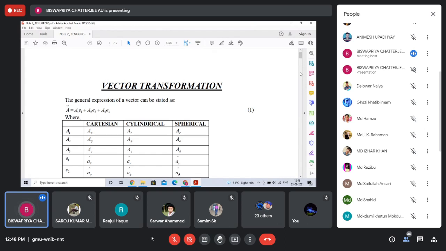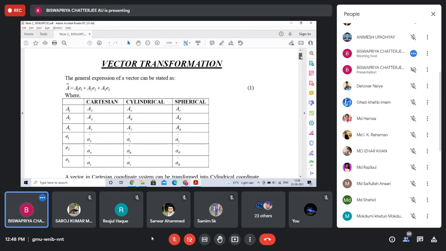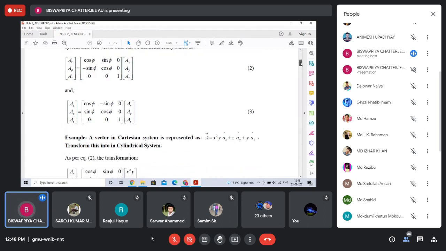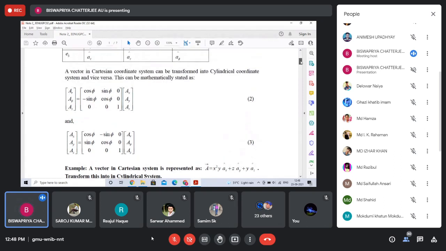Suppose in a Cartesian system a vector is there, you need to transform it into a cylindrical or spherical one. So how to do that? In the second note which I have shared with you all, equation 2 and equation 3 are given, in which the guiding formula is given.